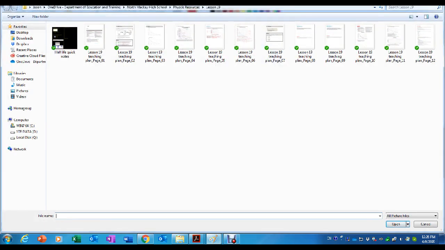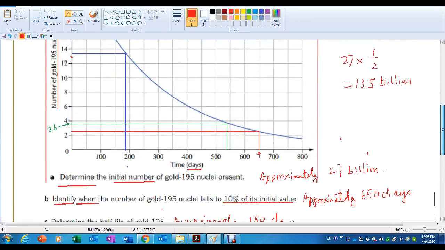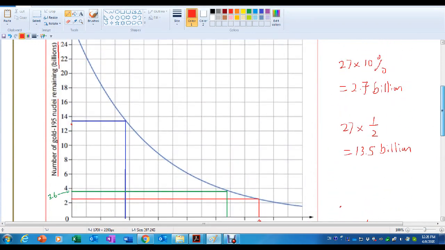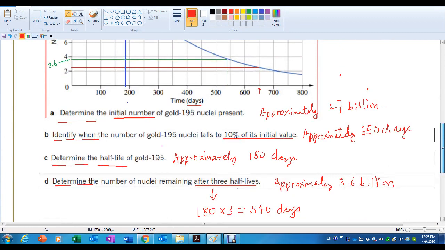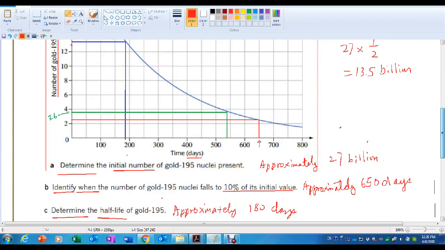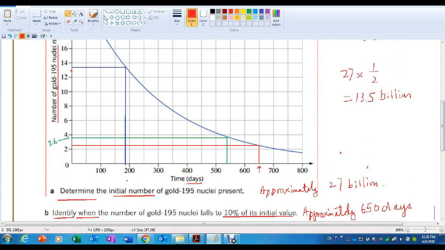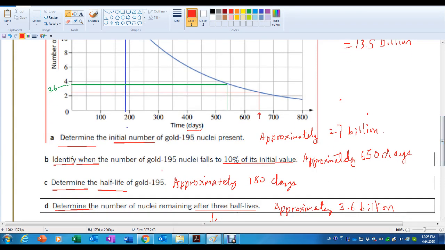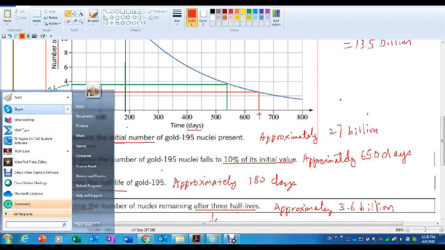Do you see any drawback of this method? Sometimes you have to do the approximation because the lines you draw are not exact at where the measurement should be, right? So all these numbers are approximations, but can we have some way to do it more accurately? Yes, we can.